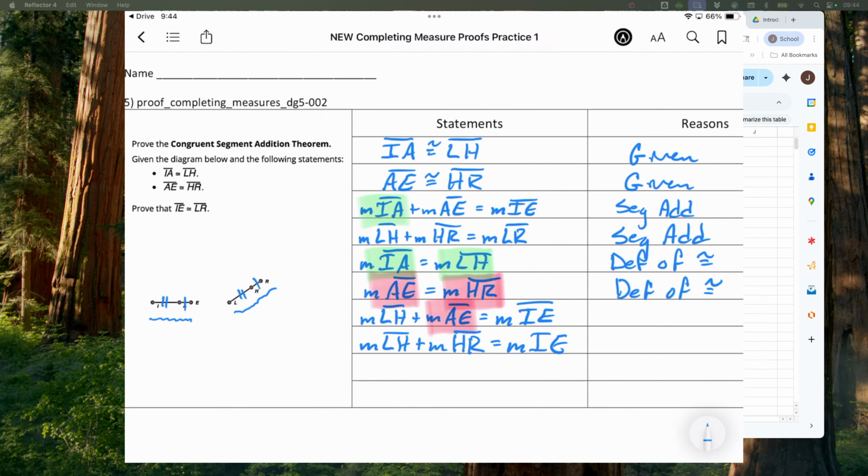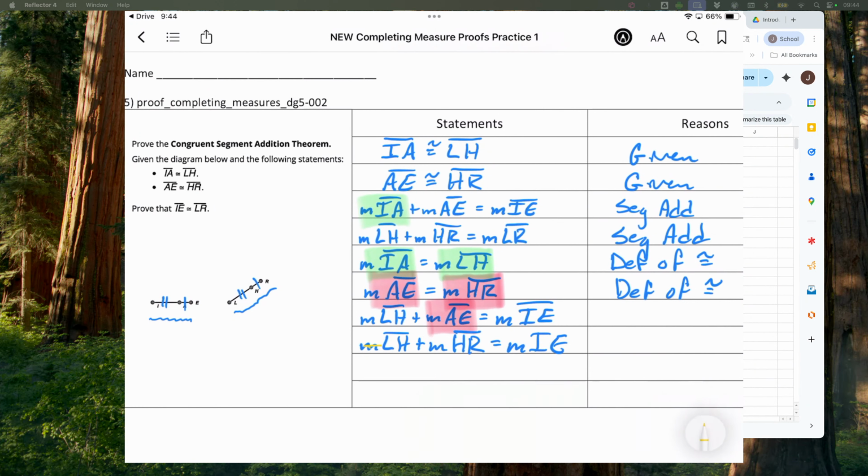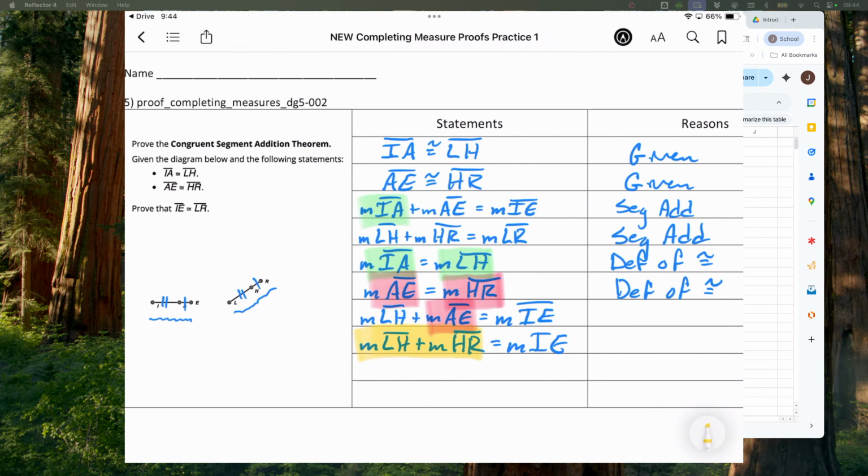Okay, and now we can notice that this is a super tricky proof, just to be honest with you. We can notice that now this left side, LH plus HR, matches this left side, LH plus HR, and what's on the right there is LR and IE, which is what we were trying to end with.